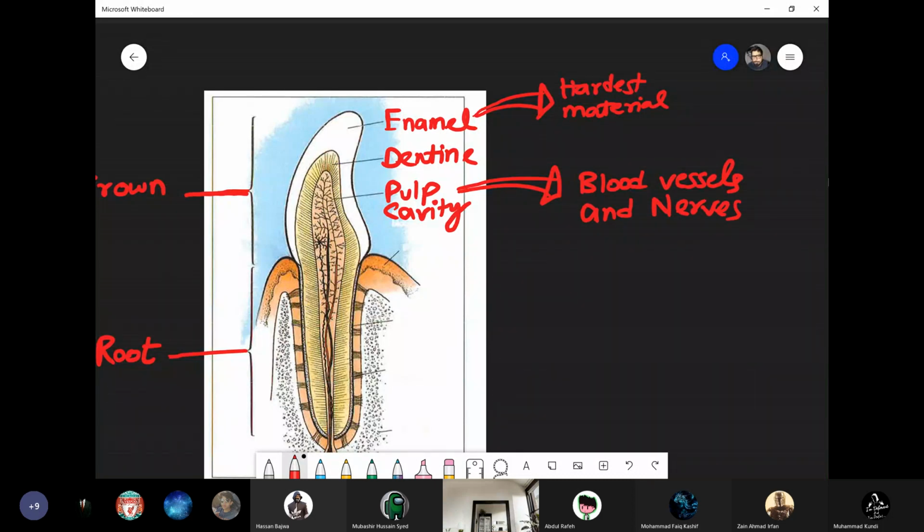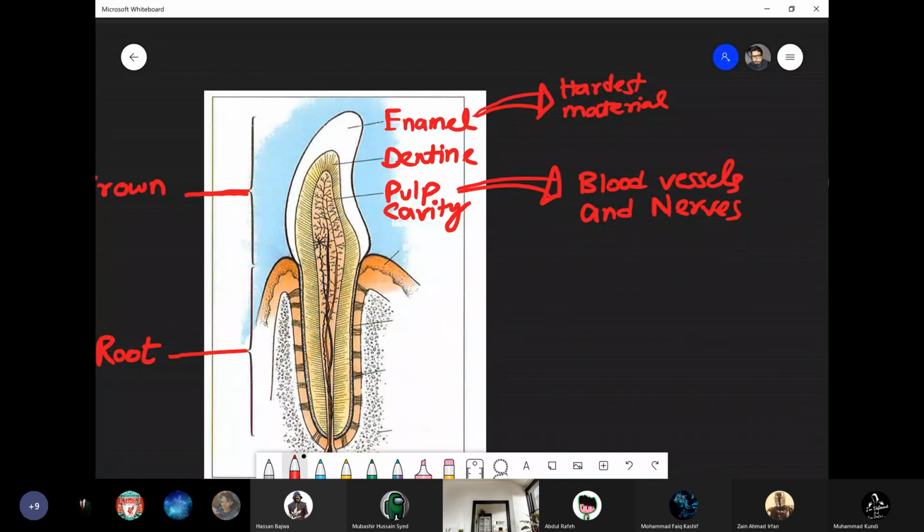Now, boys, you guys can feel hot and cold on your teeth. This hot and cold feeling of the teeth is because of the presence of the nerves and blood vessels in the teeth.